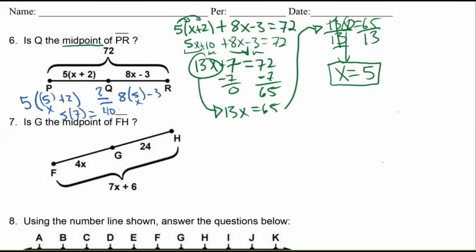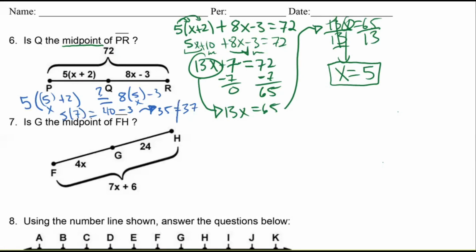minus 3, right? So now what's 5 times 7? 5 times 7 is 35. So here, just moving it over, 35 equals 37. So is 35 equal to 37?